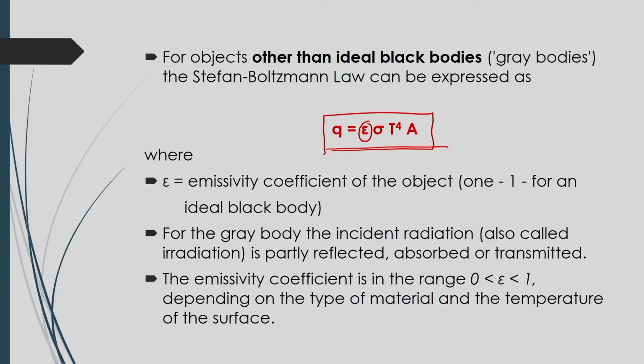Now, the emissivity coefficient is in the range of 0 to 1, meaning a certain fraction of heat will be radiated compared to the ideal black body. That is why the emissivity coefficient depends on the type of material and the temperature of the surface.